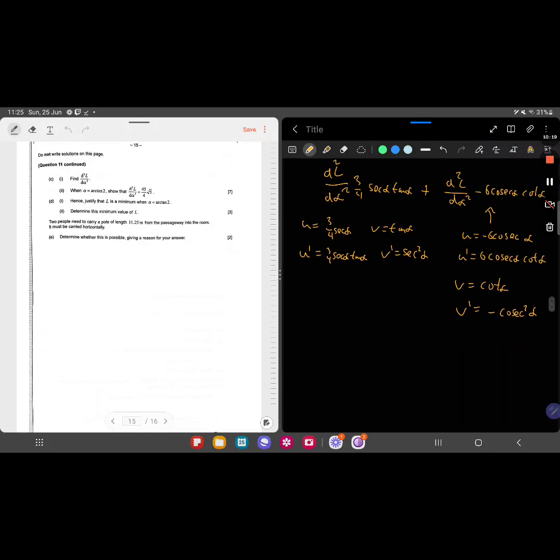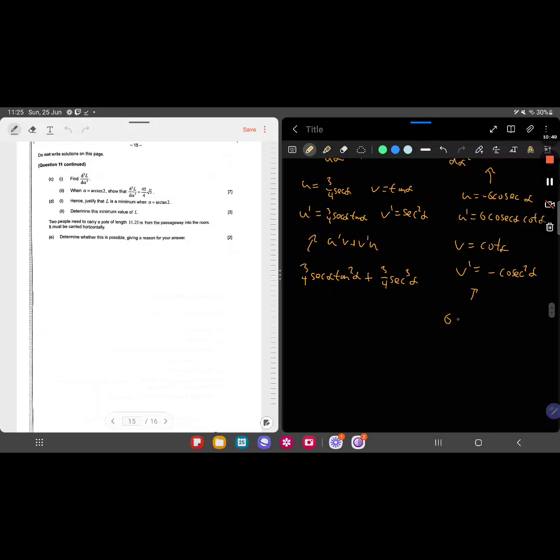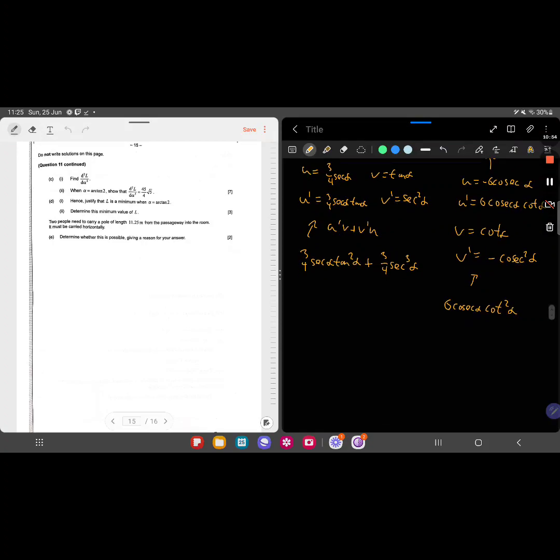Now it's going to be u prime v plus v prime u. For this part, u prime v is 3/4 sec alpha tan squared alpha plus v prime u, 3/4 sec cubed alpha. For the other part, 6 cosec alpha cot squared alpha plus v prime u.